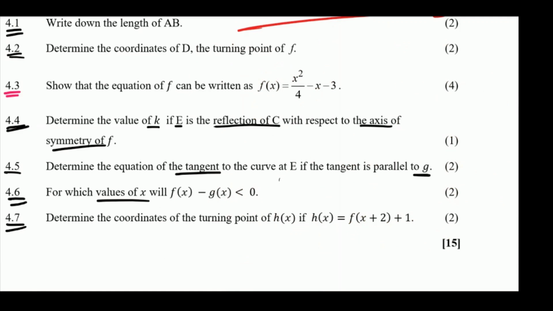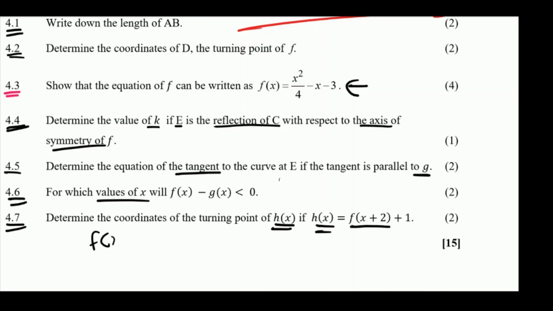4.7, determine the coordinates of the turning point of h, if h of x is equal to f of x plus 2, plus 1. Okay, cool. So we are asked to find the turning point, right? Remember, this is f of x. We identified the equation previously.